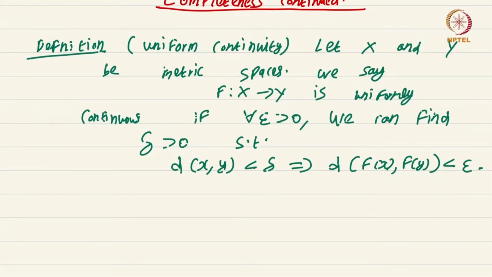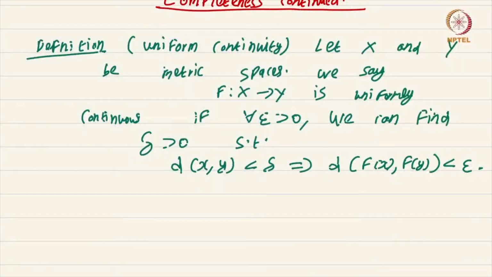What uniform continuity says is the following. For checking continuity, given any choice of epsilon and given a point x, you must be able to find a delta that works in the epsilon-delta definition. What uniform continuity requires is that this choice of delta does not depend on the point x in question.